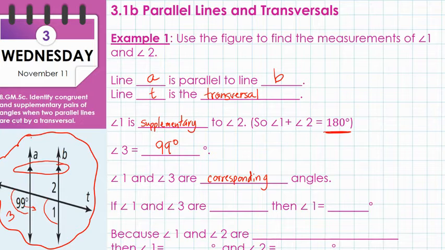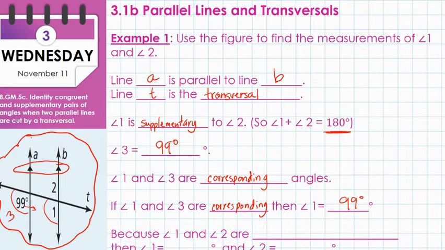If angle 1 and angle 3 are blank, then angle 1 equals blank. If angle 1 and angle 3 are corresponding, then angle 1 equals 99 degrees.